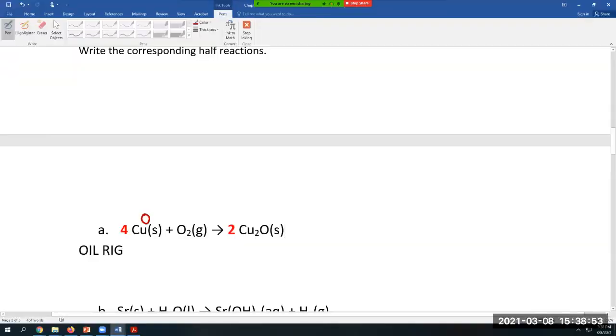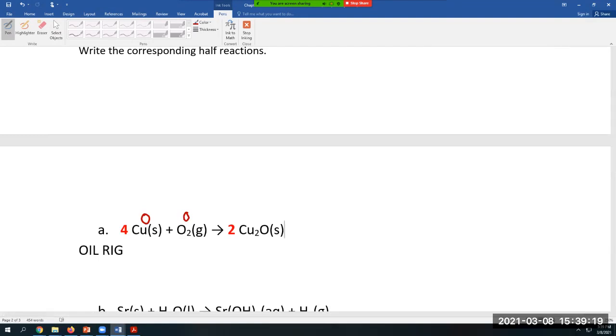And so O2 as a gas is in its elemental state, and the oxidation state will be 0 as well. Now we have to decide for copper and oxygen when they are in the product Cu2O. This is an ionic compound, right, made of a metal and oxygen, a non-metal.